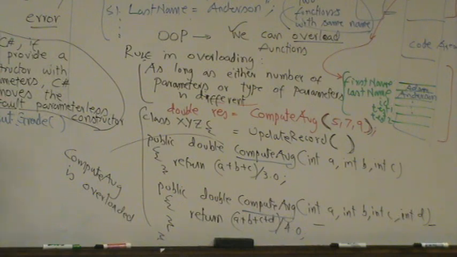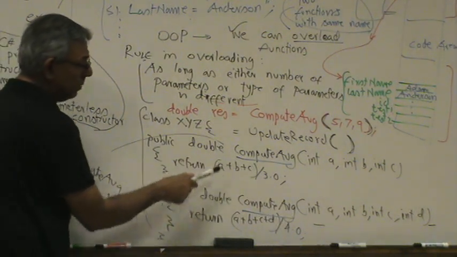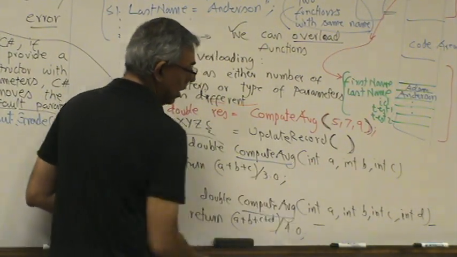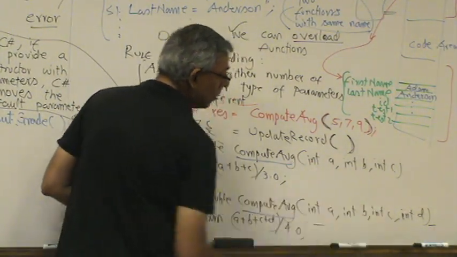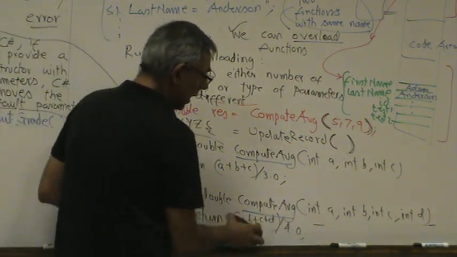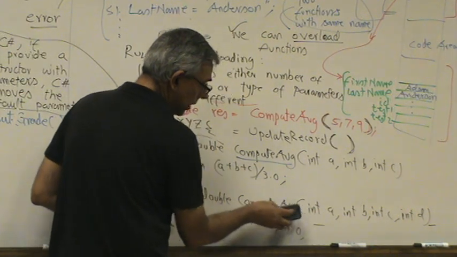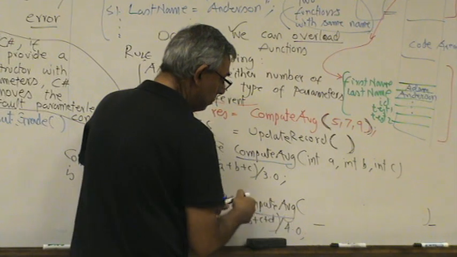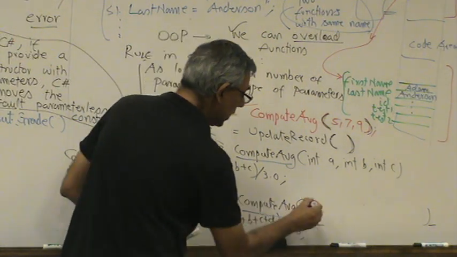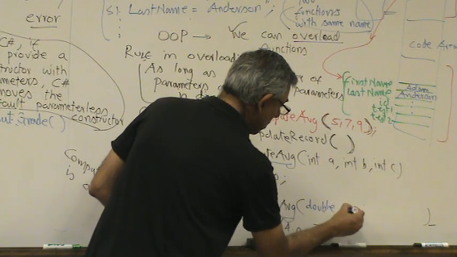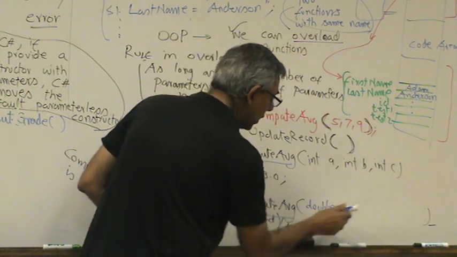So for example, let's take a look at this example. How many parameters do we have over here? 1, 2, 3. How many parameters do we have over here? 4. So that's okay to overload. Now what if somebody said, no, we want to take the average of not 4 integers, but we want to take the average of 3 integers. So they changed it to double X, double Y, and double Z. It doesn't matter what name we give it.